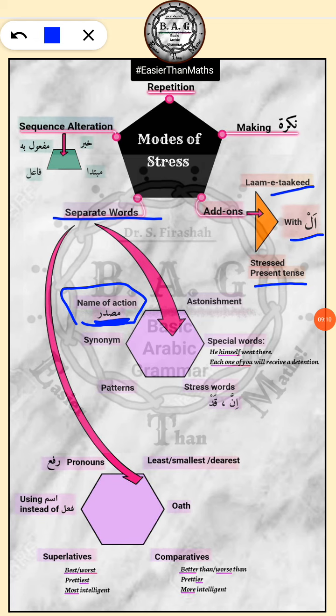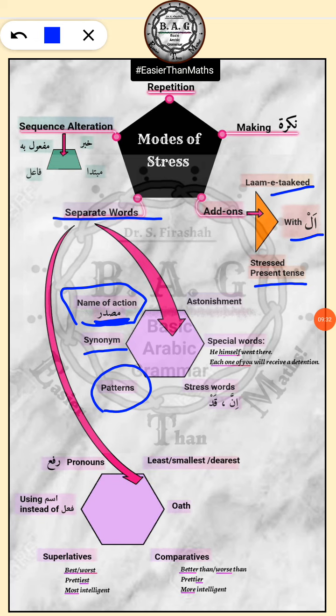Then by means of a synonym, you can also produce stress in an Arabic sentence. Then there are some patterns that are specifically used for putting stress, for example, qadir, alim, hakim, hamad. So all of these are various patterns.